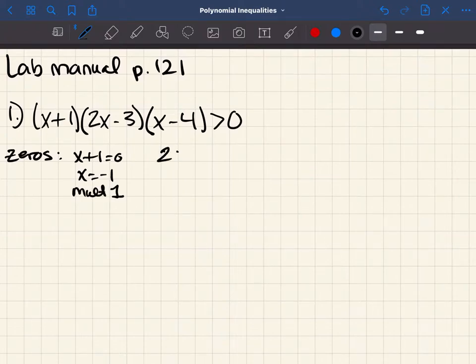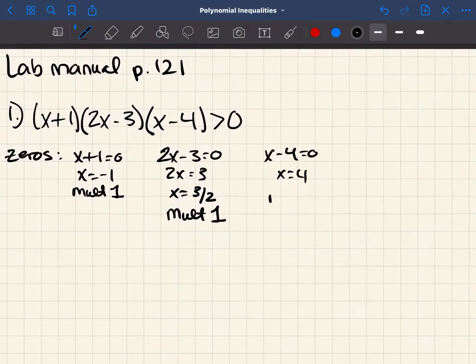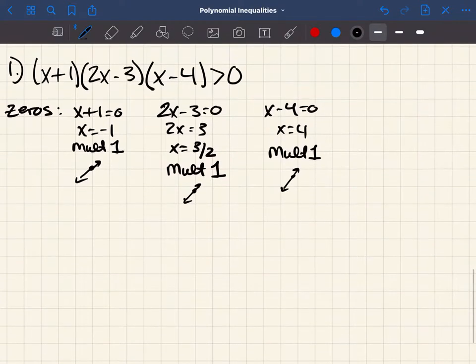We have 2x minus 3 is equal to 0, so that's 2x equal to 3, or that's x equal to 3 halves, and its multiplicity is also 1. And our last one is x minus 4 equal to 0, so that's x equal to 4, again with multiplicity 1. So for each one of these, we're going to have a linear behavior that is going through each of those zeros. All right, so what do we do next?